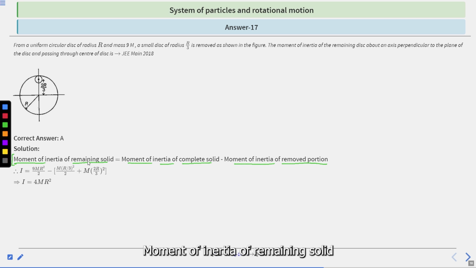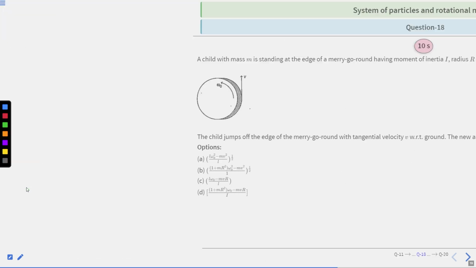So putting the numerical terms in this equation, you will get I equal to 9 mr square divided by 2 minus m multiplied by r by 3 whole square divided by 2 plus m times 2r by 3 whole square, and solving this equation you will get I is equal to 4 mr square. Clear? I equal to 4 mr square. Clear? Next question, question 18.